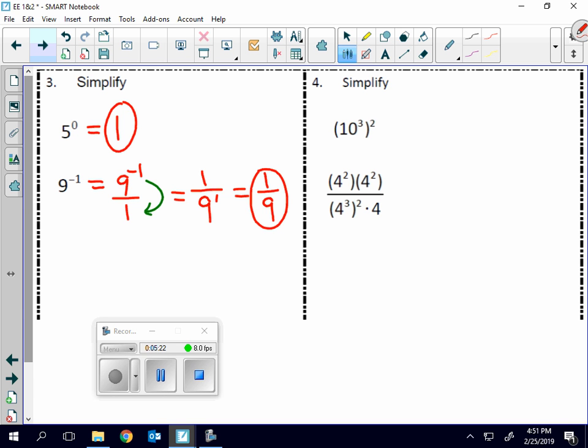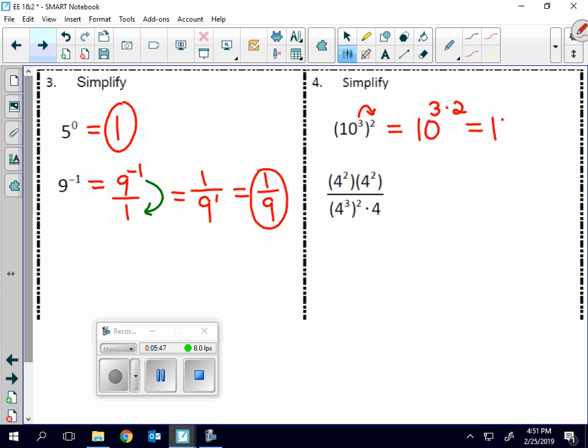All right, number 4, simplifying. Now we have a power raised to a power. You see that with the parentheses? The power of 3 is being raised to another power of 2. When we raise a power to a power, now we're going to multiply those exponents. So keep our base of 10, and now we're going to multiply 3 times 2.